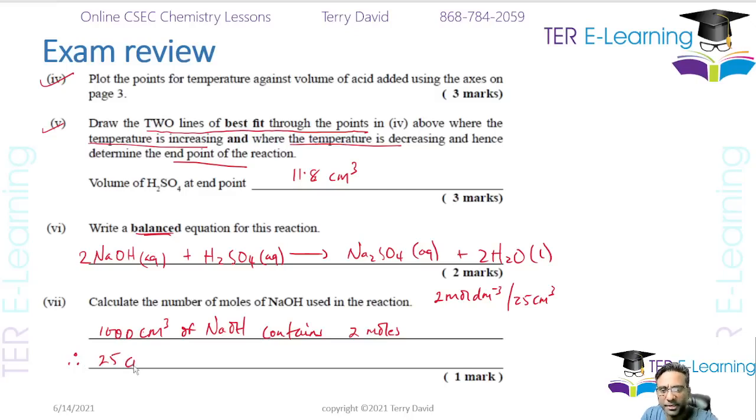So 25 cm cube of NaOH contains, and we cross multiply. So it's 25 multiplied by 2 over 1000, that's 50 divided by 1000, and you're going to get 0.05 moles. So 1 mark for that.